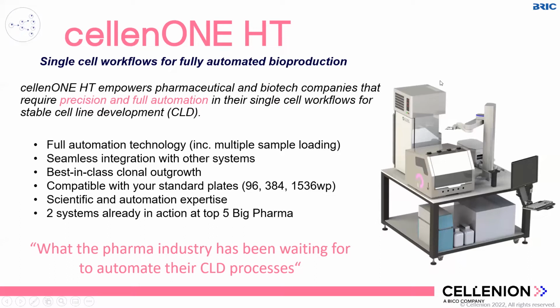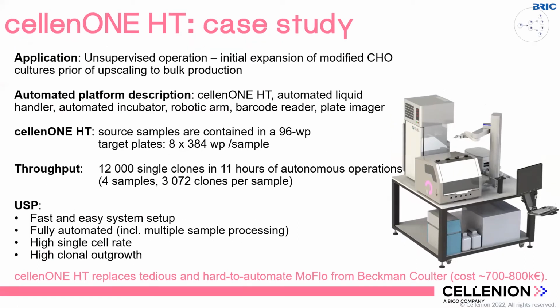Robotic arm, automated incubator, the CellenONE HT, and an automated centrifuge. This is compatible with any type of format, 96, 384, 1536 well plates. And as I said, we've installed 2 of those platforms, and our customers are really happy with the performance we are able to achieve.